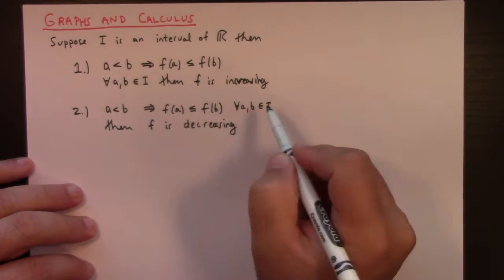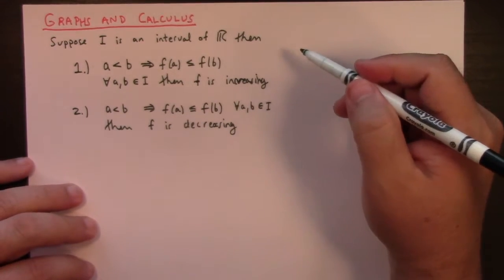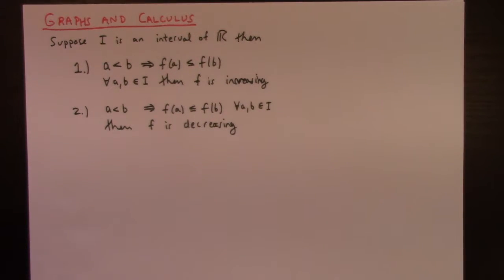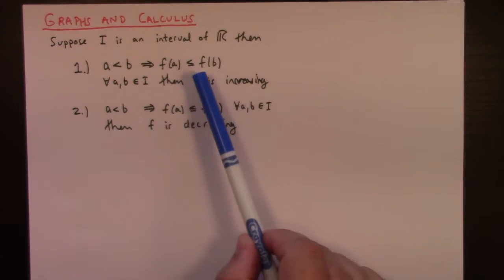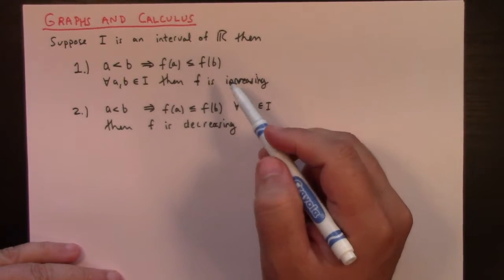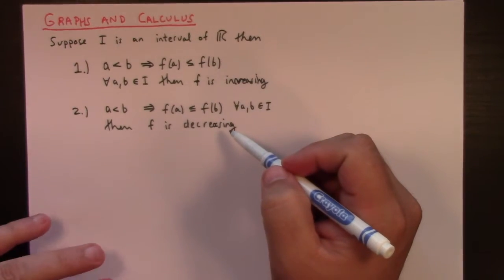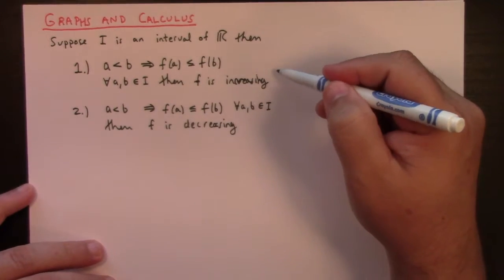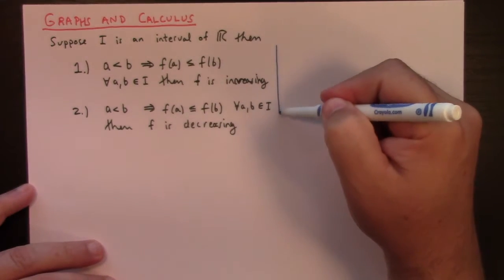Now, if the inequality doesn't allow equality, then you could say strictly increasing or strictly decreasing. If a function is both increasing and decreasing, it's said to be constant, all right?